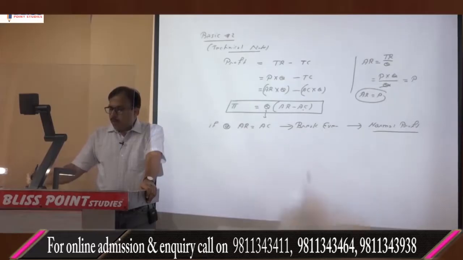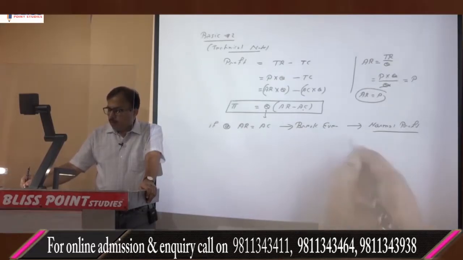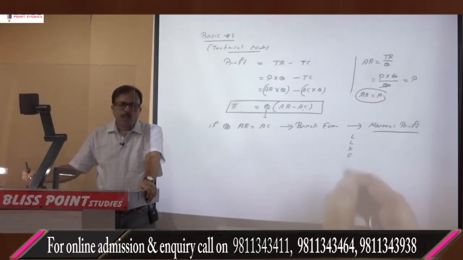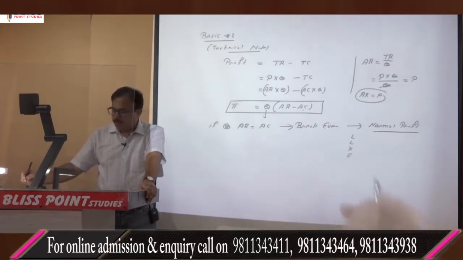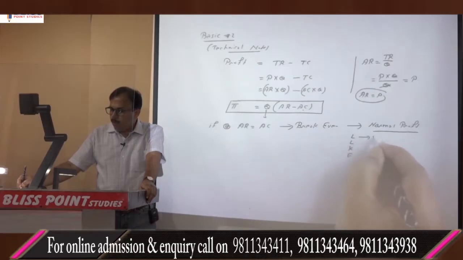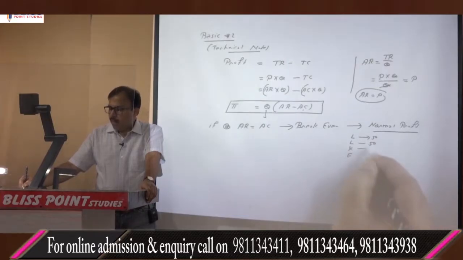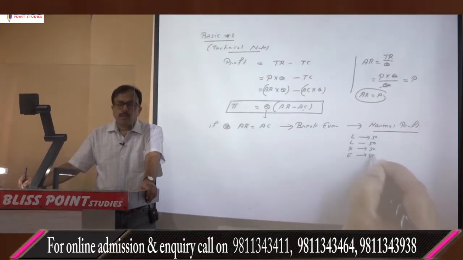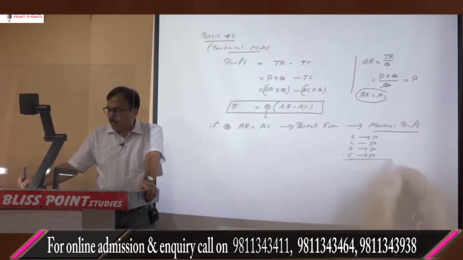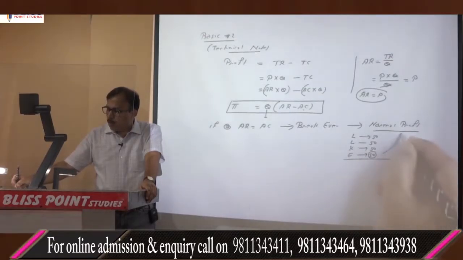To produce any commodity, a firm will be using say labor, land, capital, entrepreneur. So what we pay to the factors of production is our cost. Labor will be paid wages, suppose 50, land gets rent, capital gets interest, and the entrepreneur gets a rate of return on the capital. So the entrepreneur is basically getting this return, but that return is the normal profit.